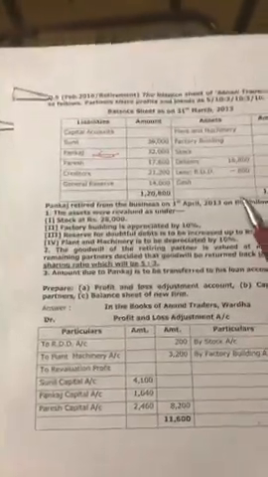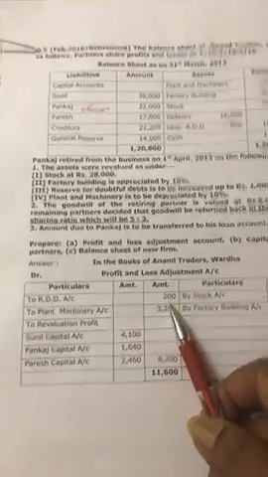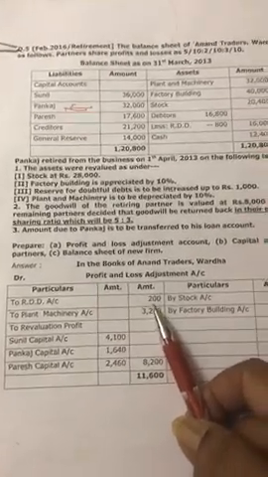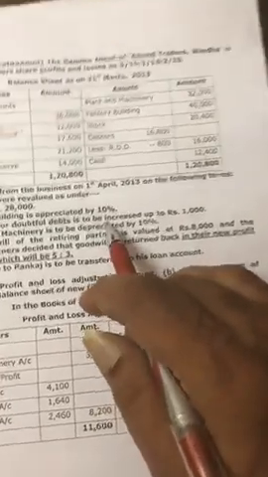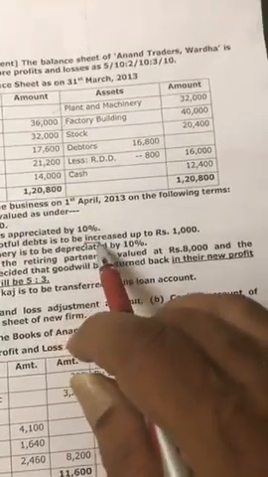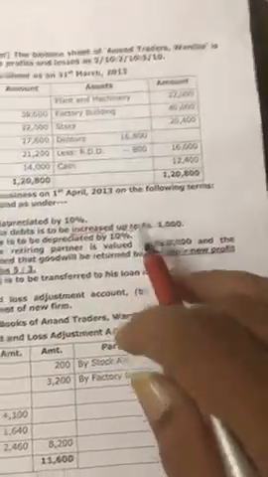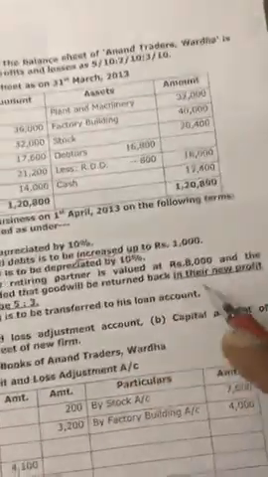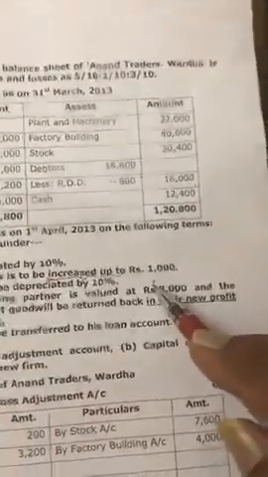Now regarding RDD, reserve for doubtful debts, is to be increased up to. See, this word is very important: increase by or up to. Increase up to means from 800 to 1000.